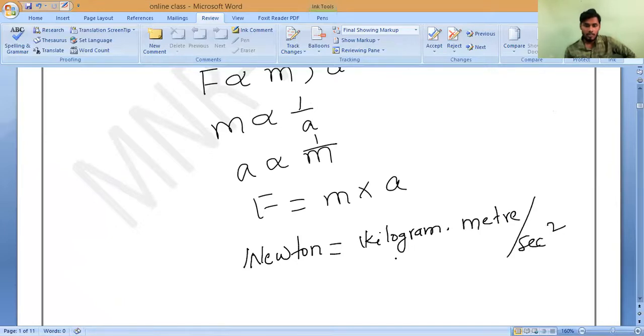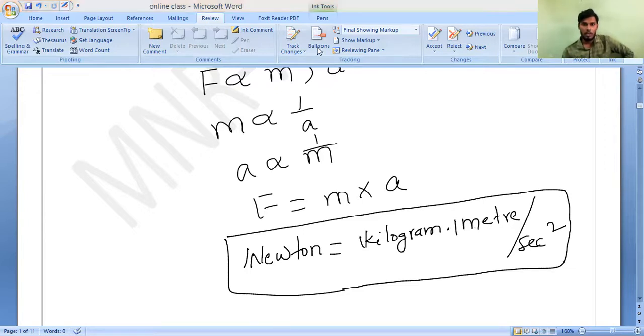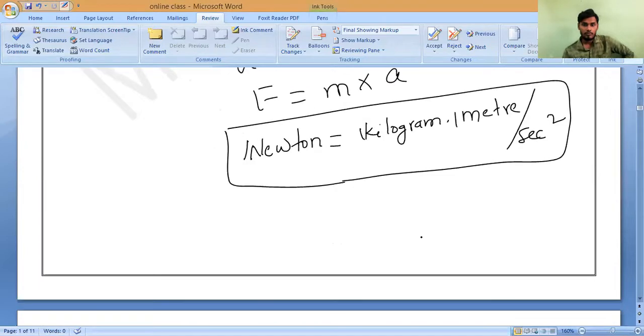So that is what I should write. All of you note it down: 1 Newton is equal to 1 kilogram into 1 meter per second square. Do you understand?